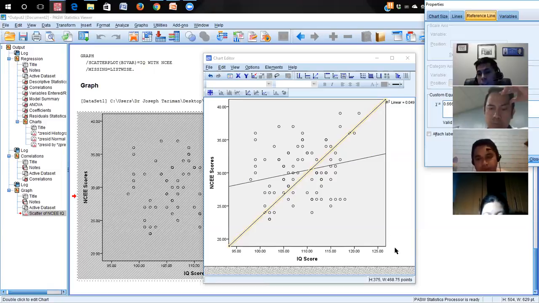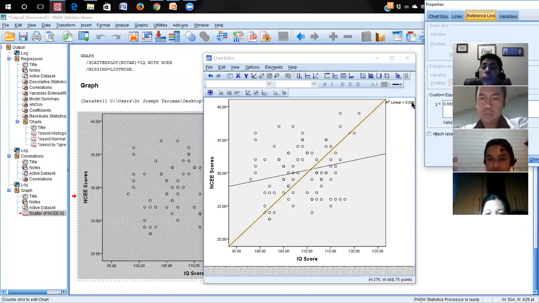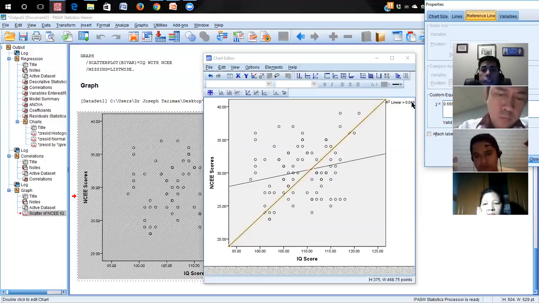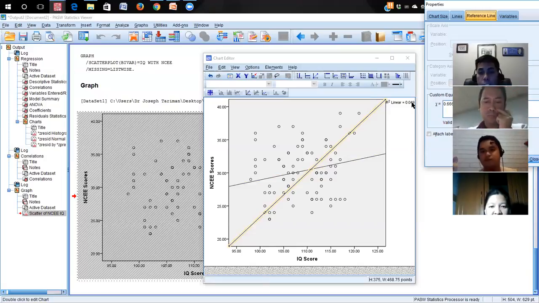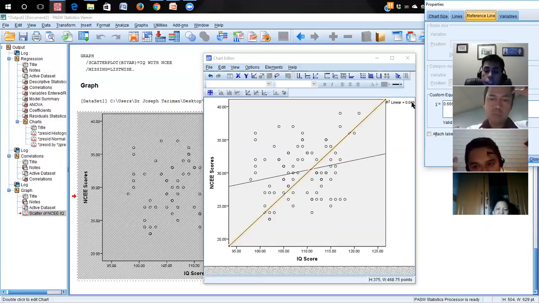The variance that's being shared by your independent and your dependent variable is only 4.9%. So there are still so many other things that we don't know that can predict the NCEE. Who knows, the socioeconomic status? The richer the student, the higher the NCEE. Who knows what other variable we could put in the model when we do multiple regression modeling later on?